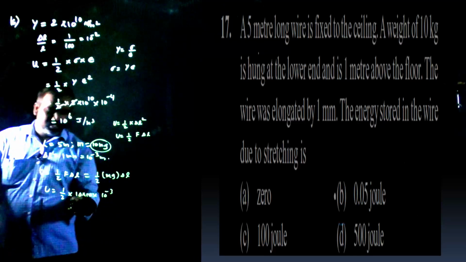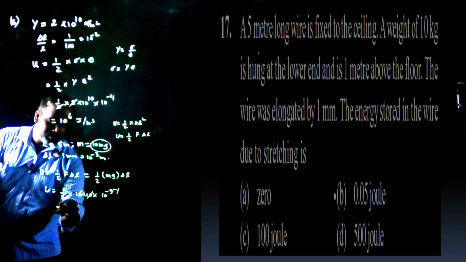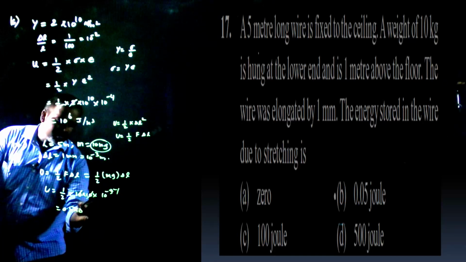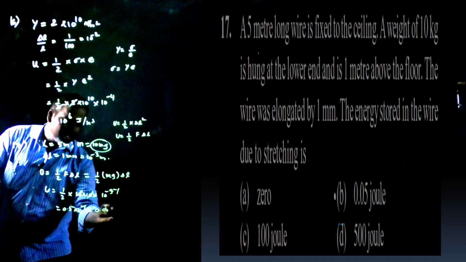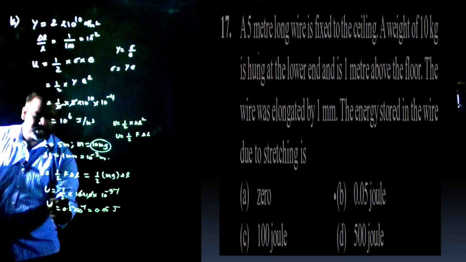So we get 10 to the power of minus 1, and with 1 by 2, that is 0.5 into 10 to the power of minus 1, which is 0.05 joule. So this is the answer for the 17th question.